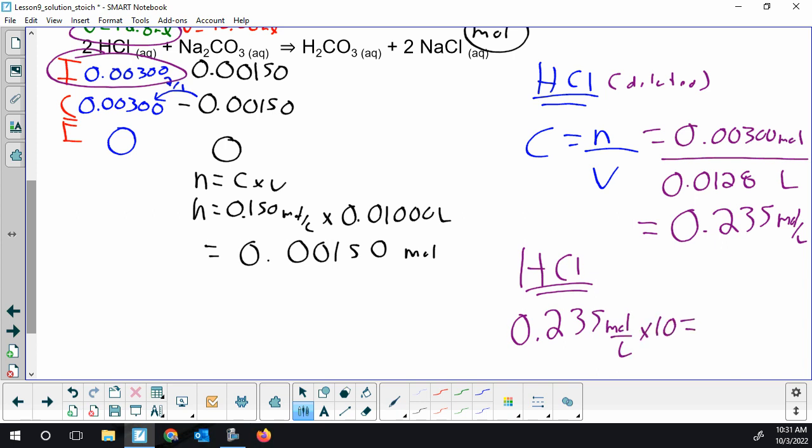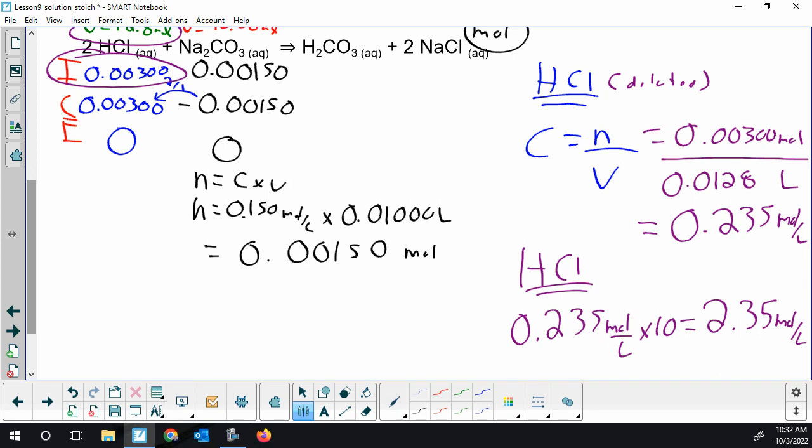There's no formula with C's and V's or anything. We're just putting back that 10 times. Now you learned about dilutions. If you took 10 mils of the original solution, pipetted it into a 100 mil volumetric flask, 10 in 100 would give you that 10 times dilution.